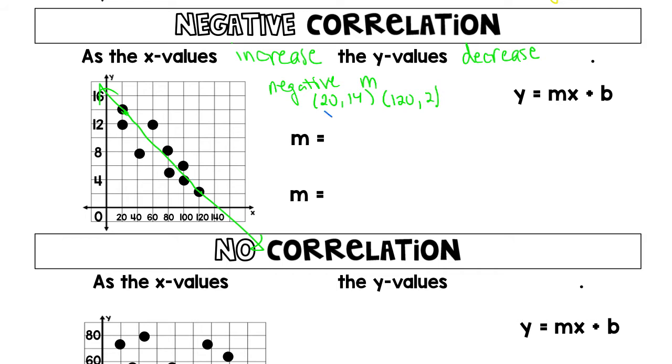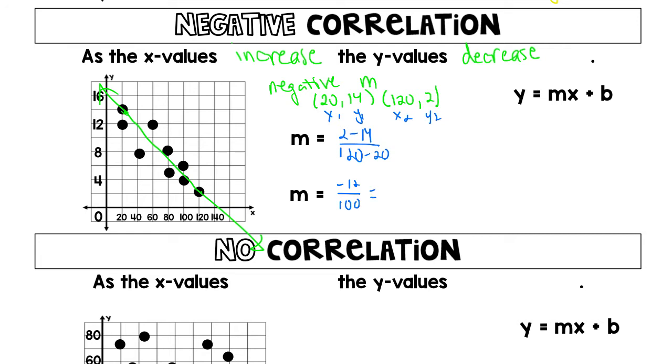We can label these x1, y1, x2, y2, and find the slope. We have 2 minus 14 over 120 minus 20. It's going to simplify. 2 minus 14 is negative 12 over 100.